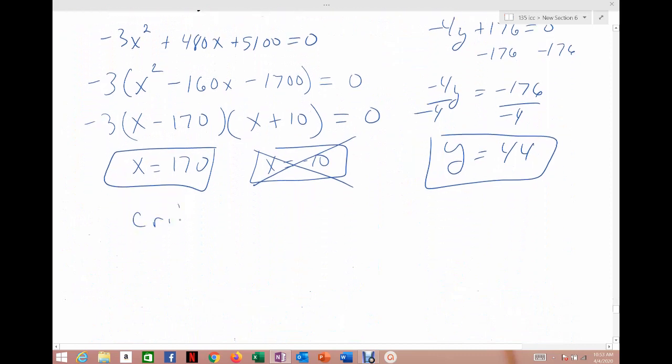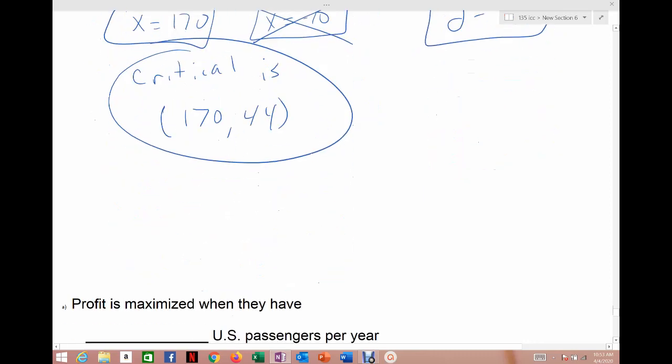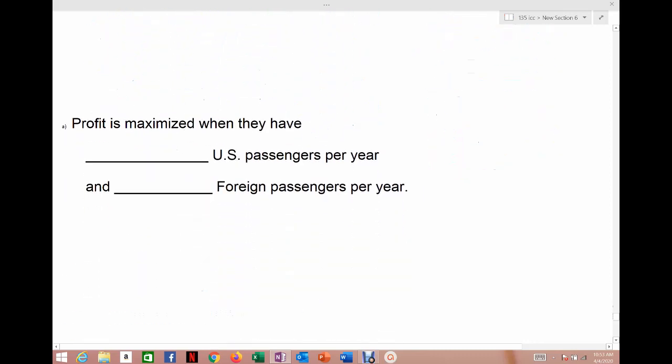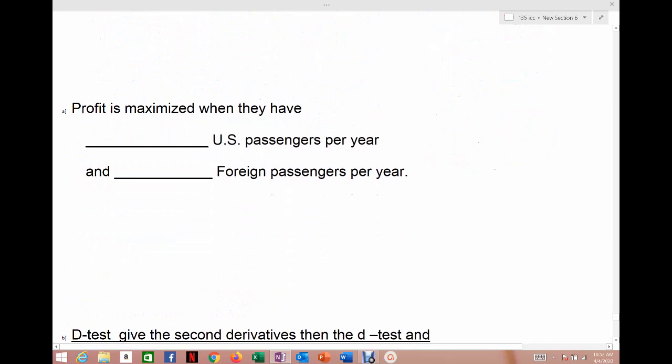My critical value is x value 170, y value 44. And so there's the answer to the first question. They plan to have 170 U.S. passengers, 44 foreign passengers. And that will optimize their profit.